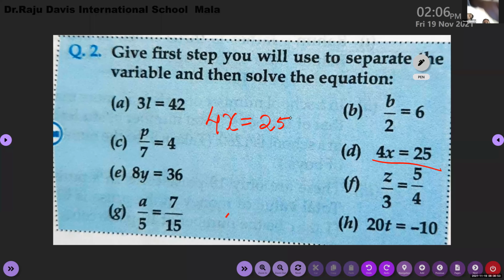Emil, can you answer this? 4x is equal to 25. 4 into x is equal to 25. So, what is x? 25 divided by 4.